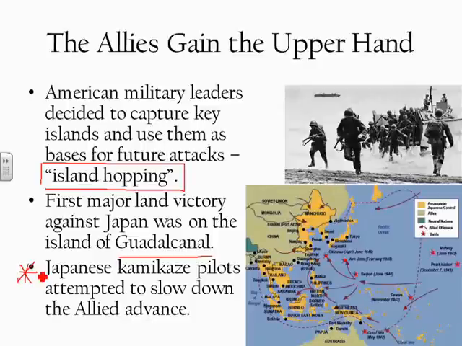They would be kind of like a suicide pilot, in hopes that the explosion of their plane hitting would cripple that ship. And to a large extent, it was successful, and it did keep the Americans, because the Americans fought primarily in the Pacific theater, from advancing as fast as they would like.